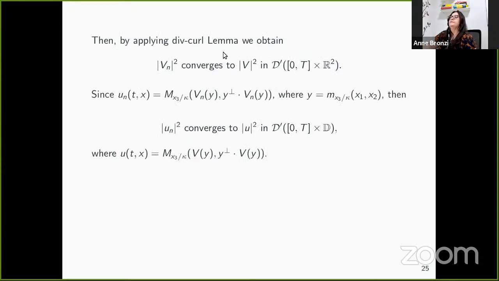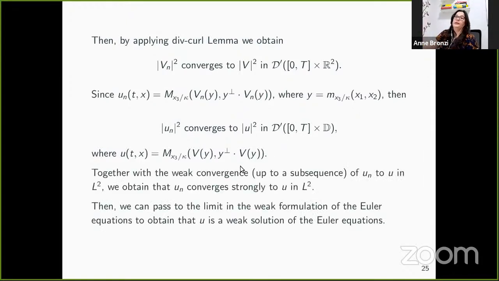Applying the div-curl lemma, we obtain the convergence of the square of the velocity in the sense of distributions. Then we can recover the velocity from this velocity on the plane and obtain that the modulus of the velocity squared converges to the modulus of the velocity squared in the distribution sense.